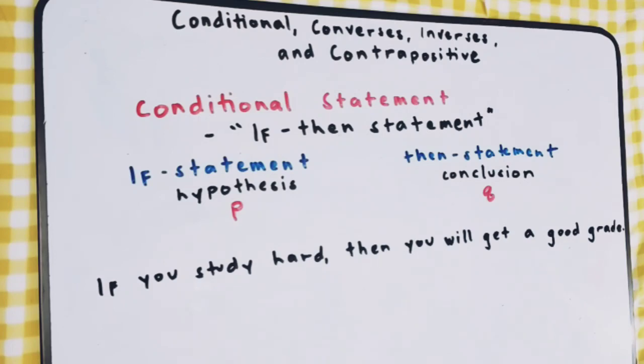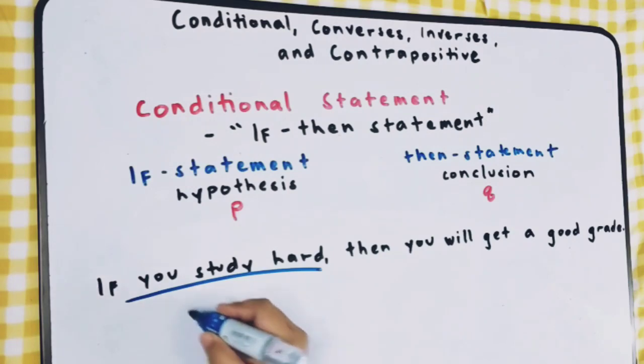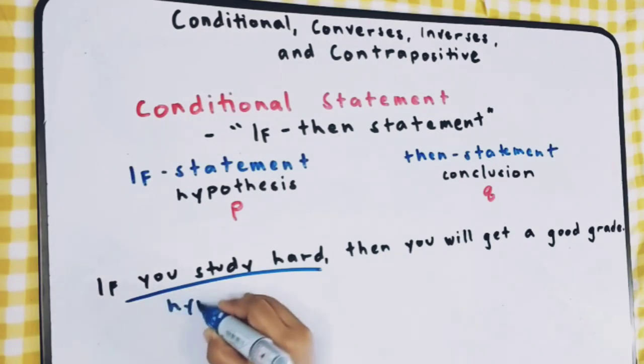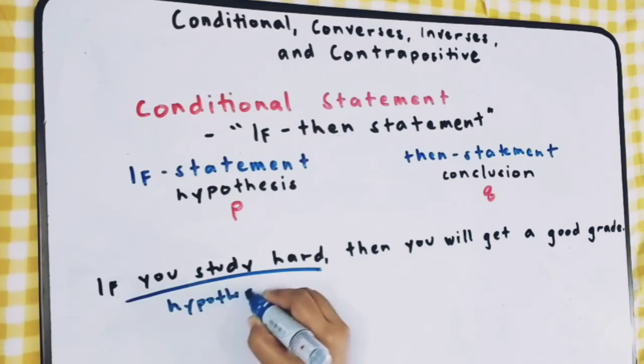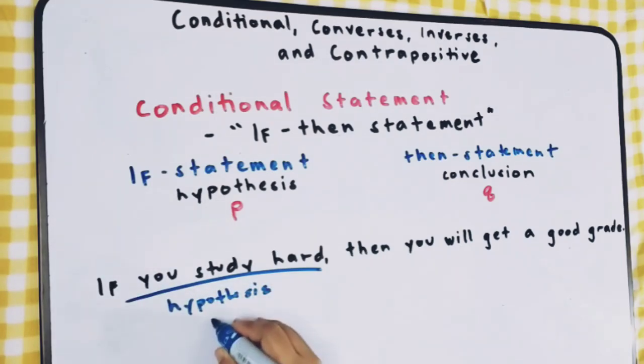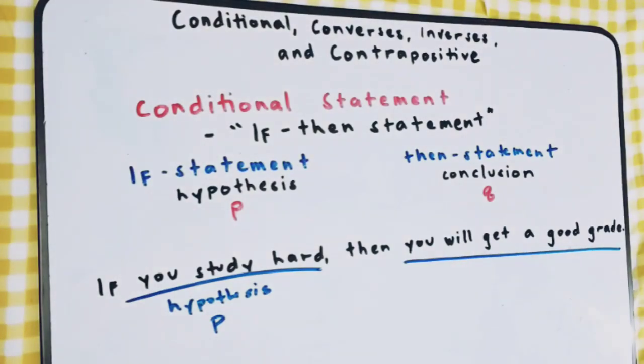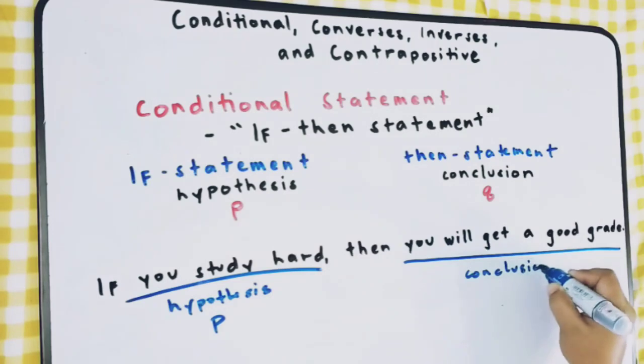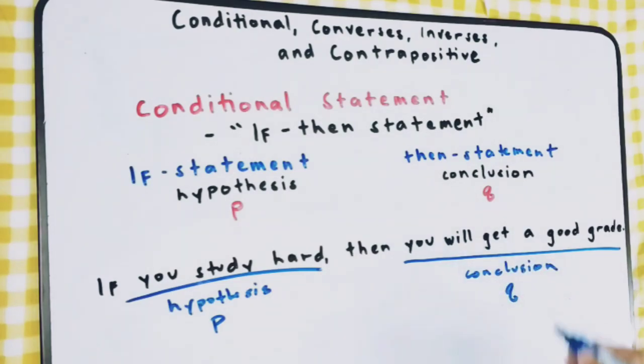So here, if you study hard, this is the hypothesis, or P. Then you will get a good grade, this is now the conclusion, or the Q.